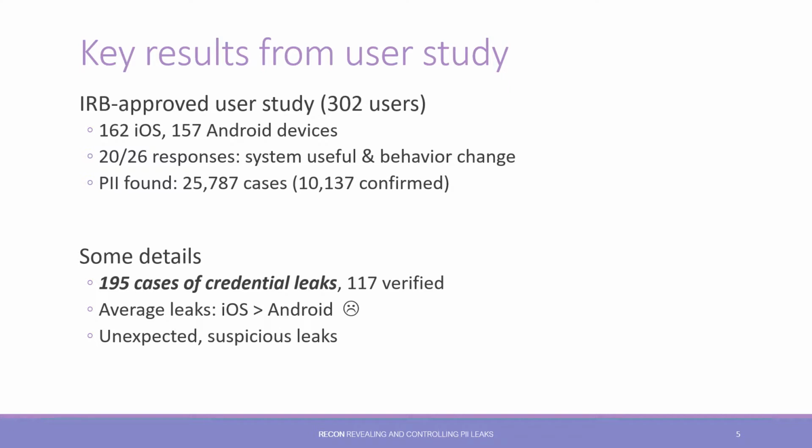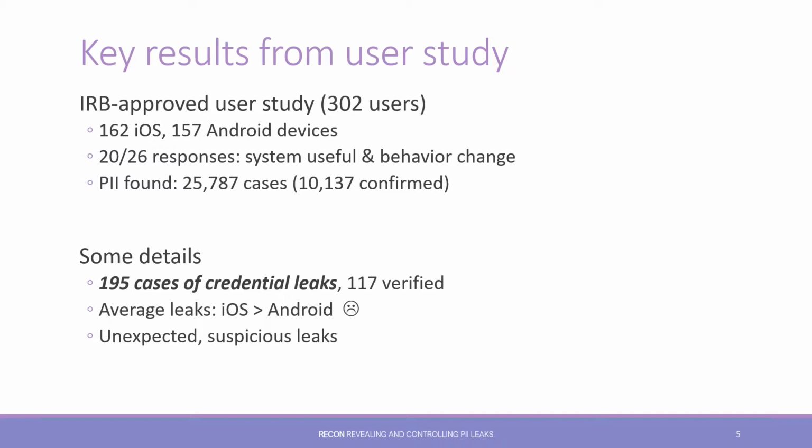So at this point, I'm going to talk about some results that we've had based on our experience of using this system for over a year. So first of all, we have an IRB approved user study with over 300 users enrolled. About half of them were iOS, half Android. Notice that we have multiple devices per user in some cases.